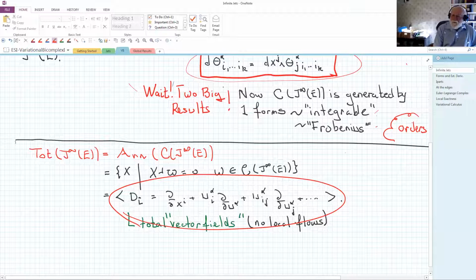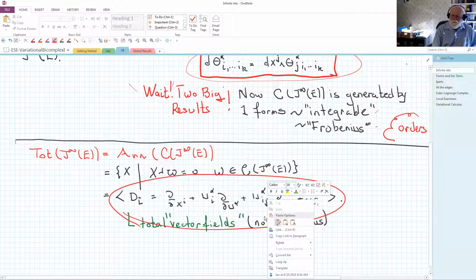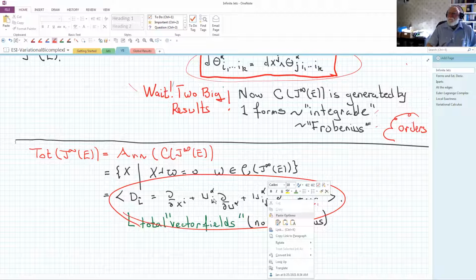Because this goes on forever, and because the coefficient of the first derivative is the second derivative, these objects are to be viewed as formal vector fields, in the sense that you can't really talk about the flow of these total vector fields.